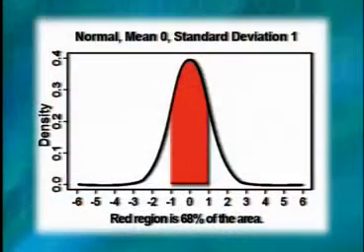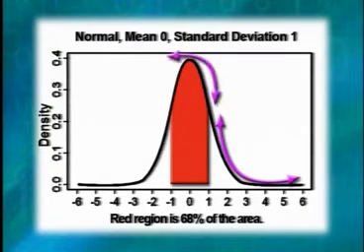Well, at some point it changes from being concave up to concave down. That exact place where it changes is the value that is precisely 1 standard deviation from the mean. So in the curve where we have standard deviation 1, you can see that the place right here that is marked is the place where the concavity is changing from concave up to concave down.